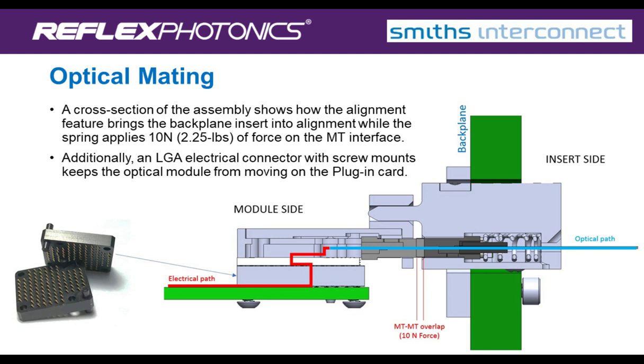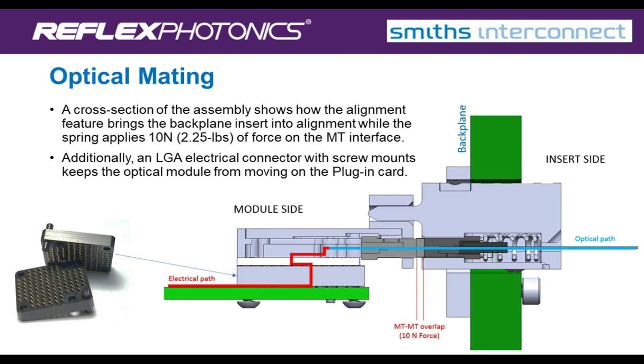On the left side, the module is firmly joined to the plug-in card using, in this case, an LGA interposer with screw-ins from the bottom. You can follow the electrical path in red that goes up into the transceiver, gets converted to light, and then shoots out the transceiver into the fiber as it heads to the right.